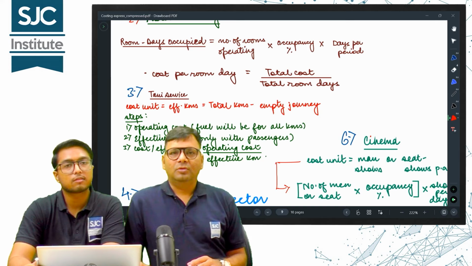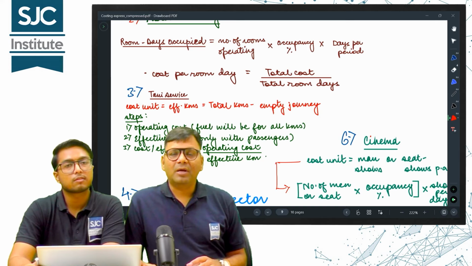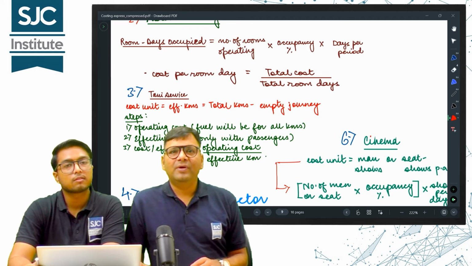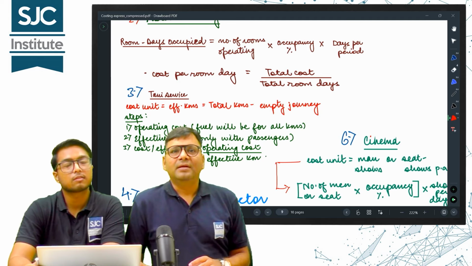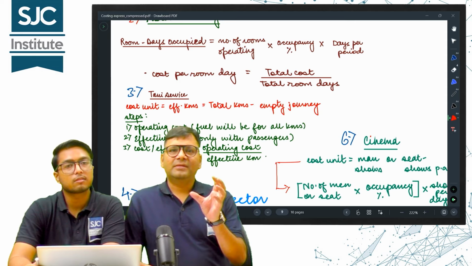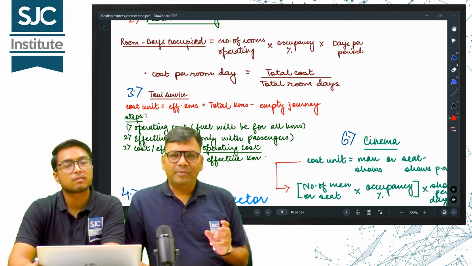While working on hotel industries, the question may also ask you to find rent per room per day. Those questions are solved using equivalent number of room days. If you remember, say there are two types of rooms, single room and double room. You will find room occupancy days for each, and the equivalent relationship between these two rooms would be given.